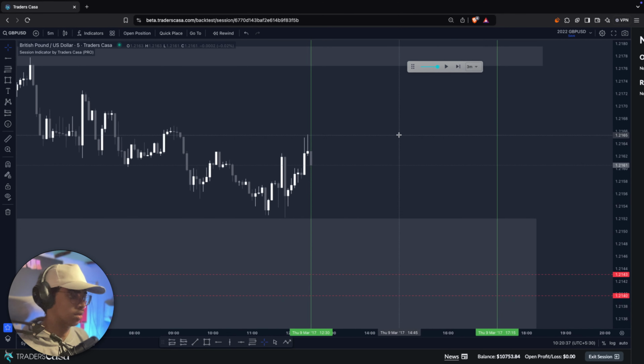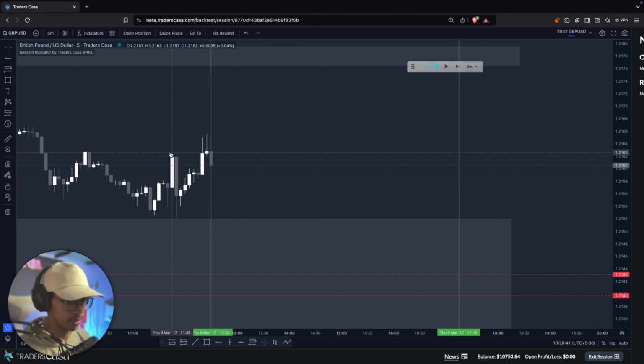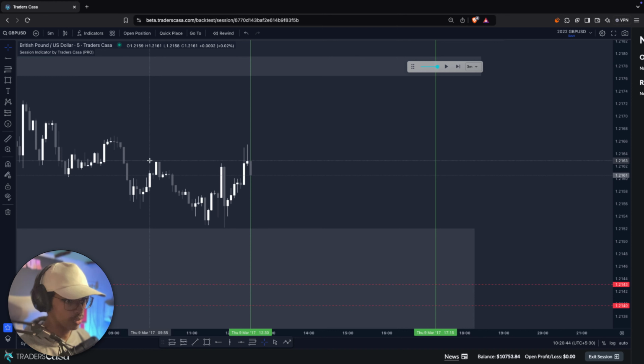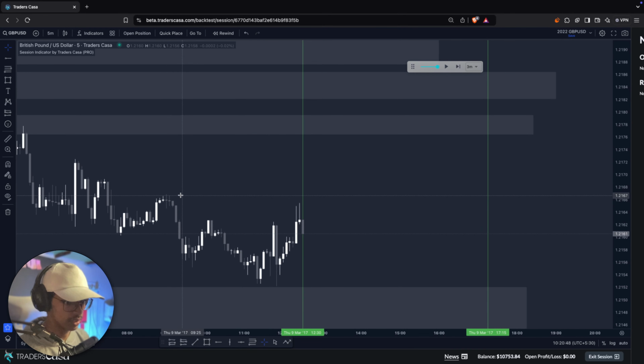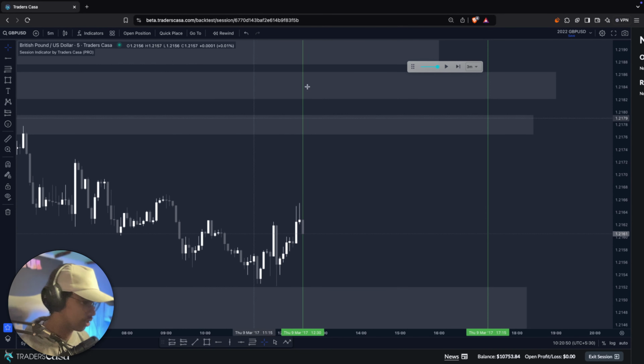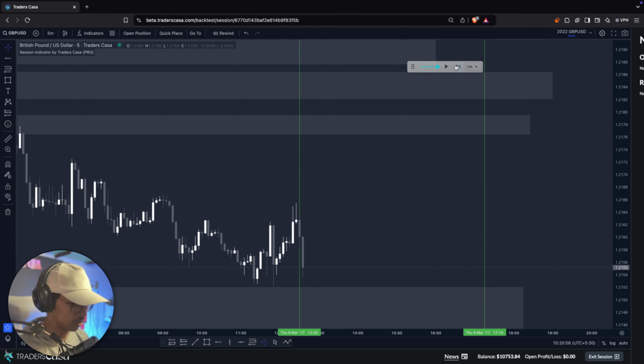Now I'll wait for the market to show me something. Before the market started, it took out buy stops. These are the highs that have not been taken yet. If these highs get taken, I'll have more confirmation on what the price wants to do.